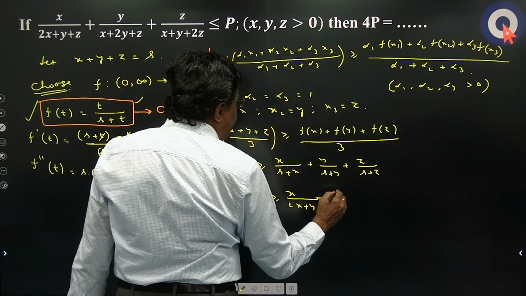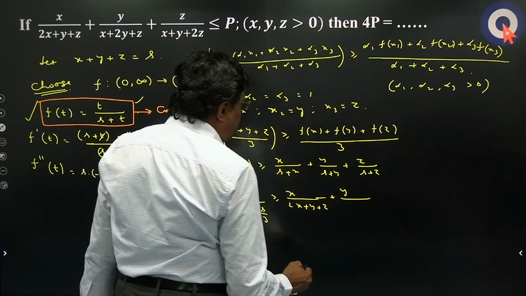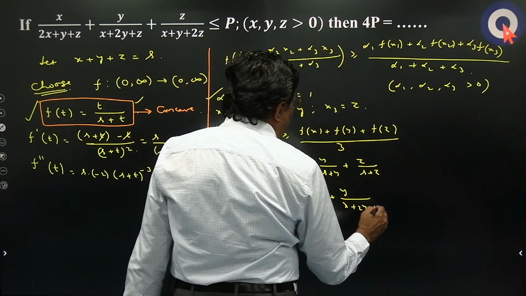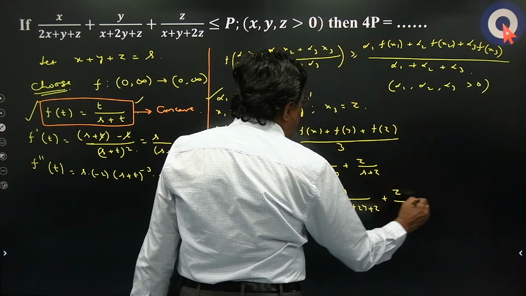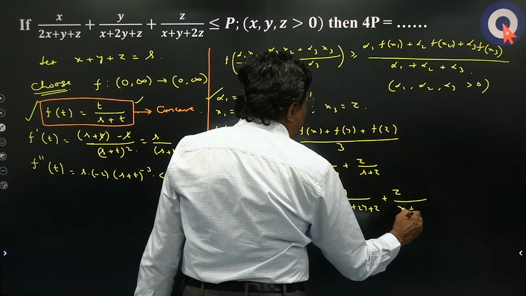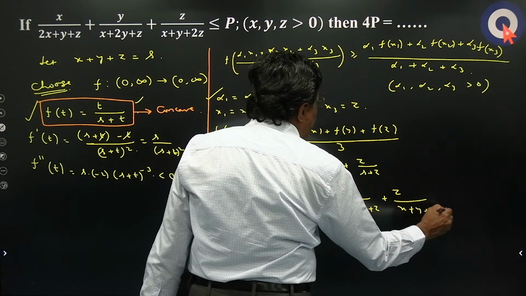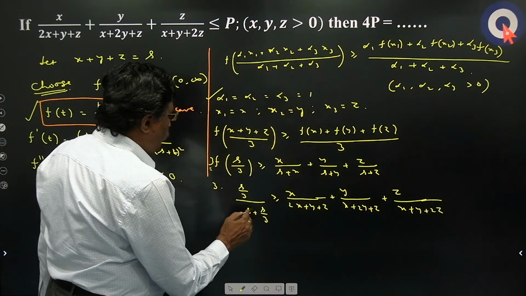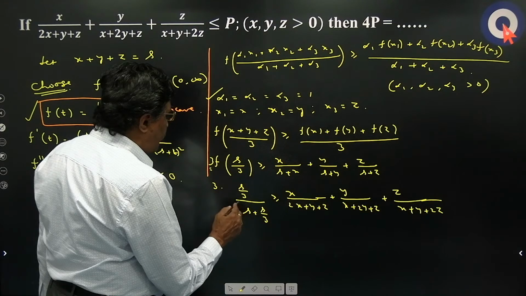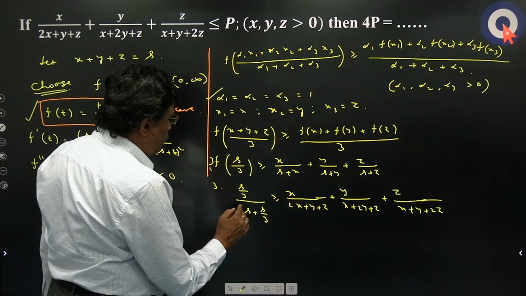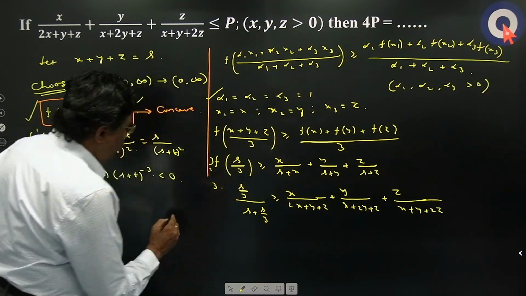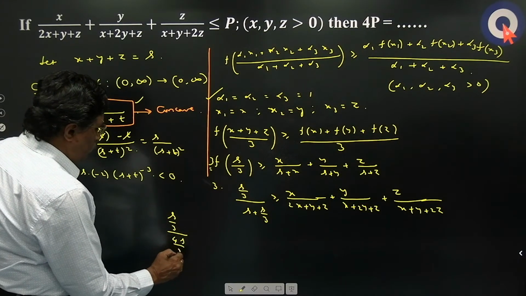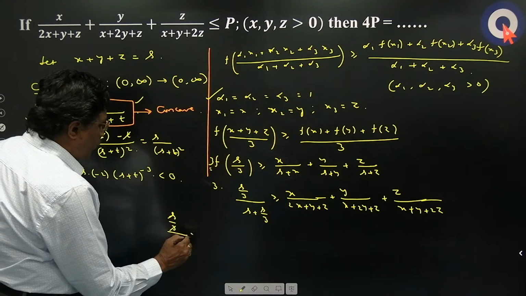See, your inequality is taking shape. Notice this, x plus 2y plus z, and z by x plus y plus 2z. So this is 4s by 3, s by 3 by 4s by 3. So 3 cancels, s cancels, you get 1 by 4.